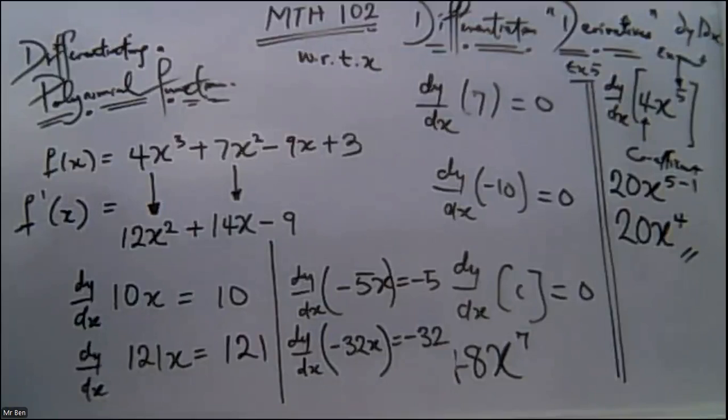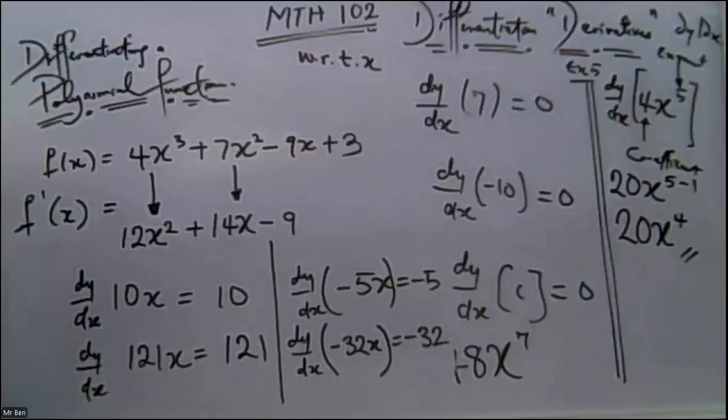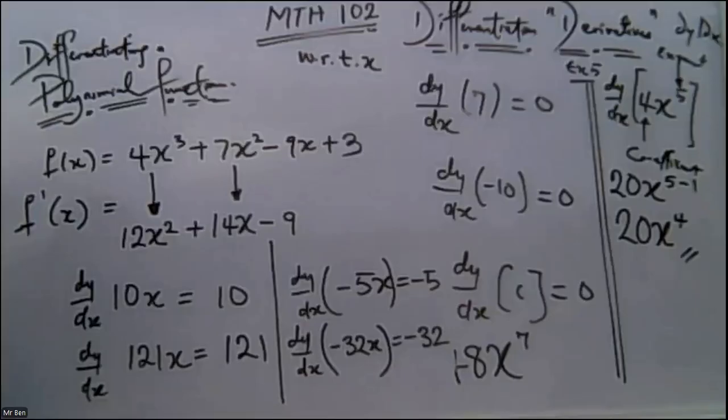Sir, I have a question. Okay, what's your question? My question is, if you are writing exams and you have been asked to differentiate 7x raised to power 2 and the answer is 14x raised to power 1, if you write the one, are you wrong or correct?